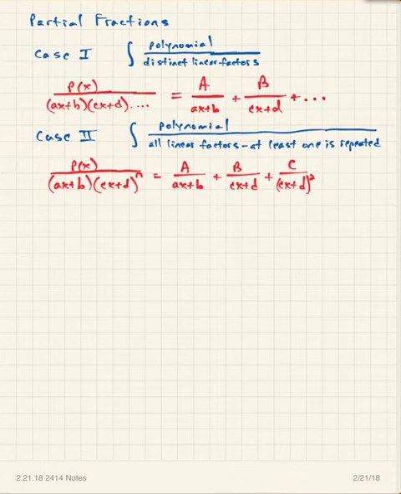So A, B, C, and so on. And however big I have to go, so cx plus d to the third power plus ... and we could say capital N over cx plus d to the nth power. So in other words, you just keep on counting with powers until you get to the actual power that's in the problem. So if the power is just a 2, then you're going to have 2 fractions in there. If the power is a 3, you're going to have 3 fractions in there for that particular linear factor.